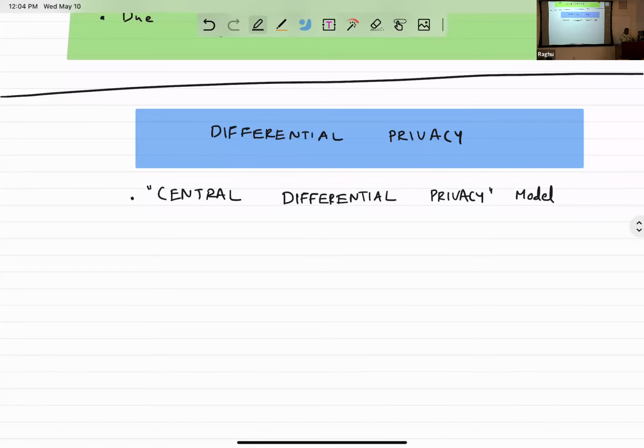I'm going to omit the term central. You can imagine there's local differential privacy, there's hybrid differential privacy, and many, many other forms. And it's also sometimes called the trusted curator model.